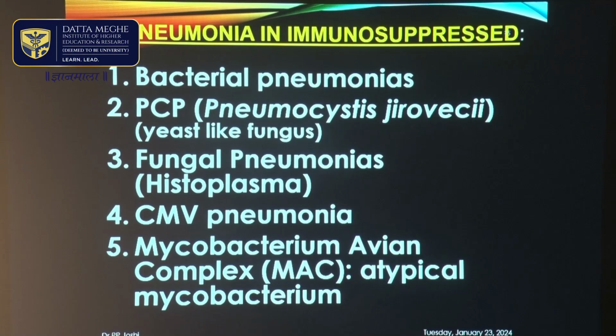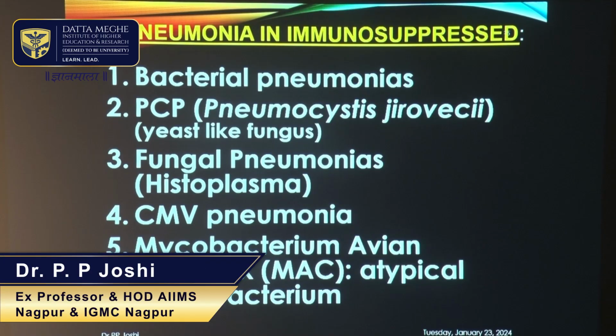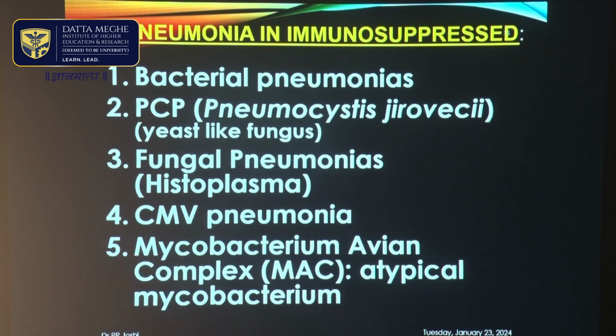Pneumonia in the immunosuppressed is a totally different entity, where bacterial pneumonias are common, but Pneumocystis carinii pneumonia, which is caused by Pneumocystis jirovecii, a yeast-like fungus, is also a very typical infection which occurs in patients who have AIDS when the CD4 count drops below 200 per microliter.